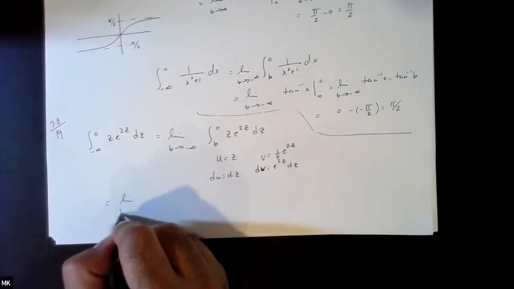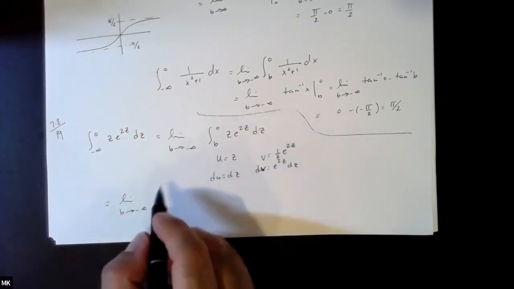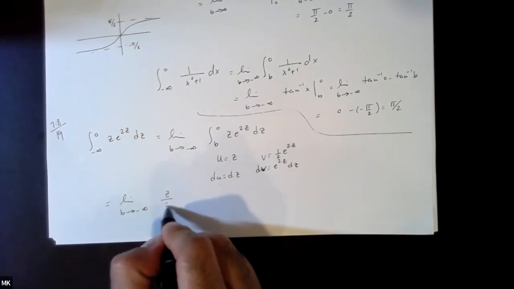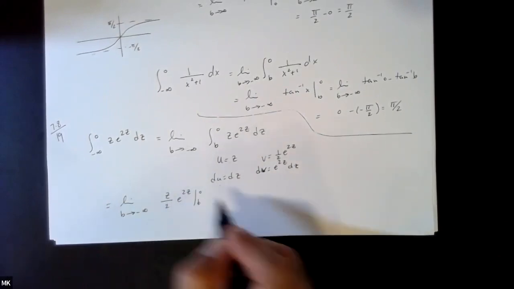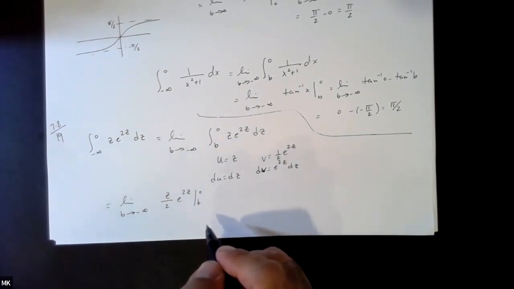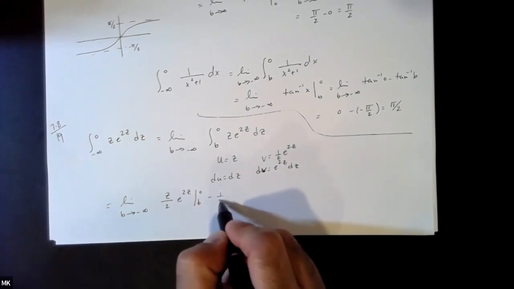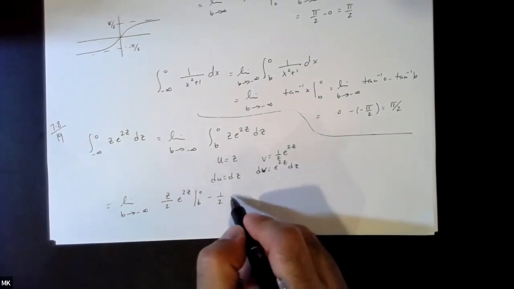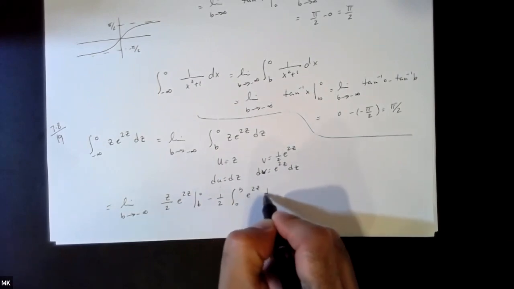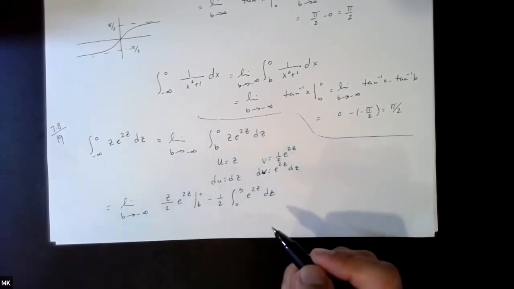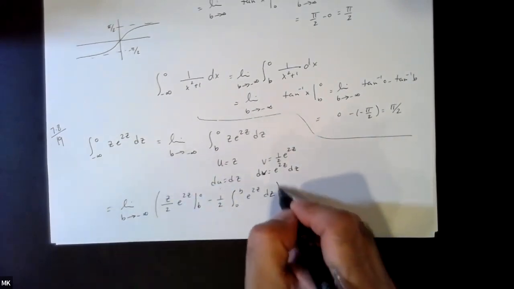So I get the limit as b goes to negative infinity of uv, which is z over 2 e to the 2z from b to 0, minus the integral of v du, minus 1/2 integral from b to 0 of e to the 2z dz. That's the v du part. Remember, the limit is for both of them.